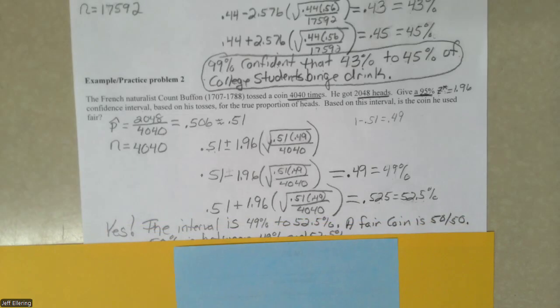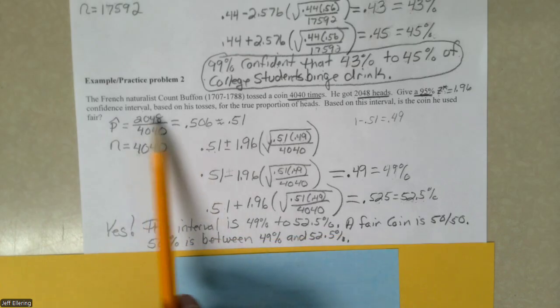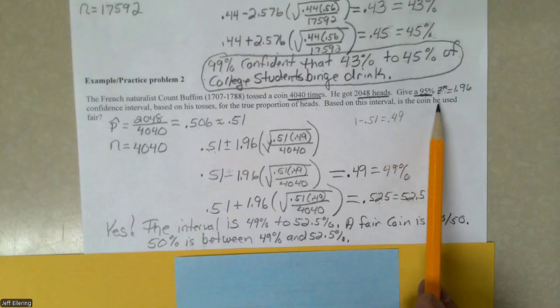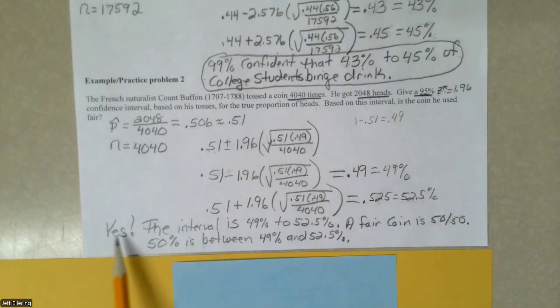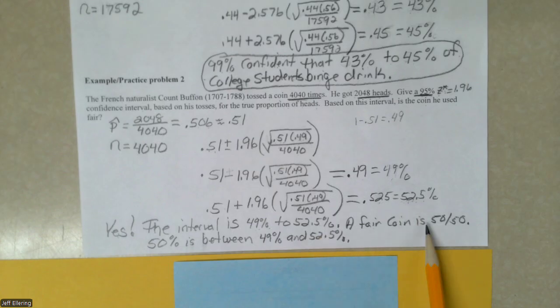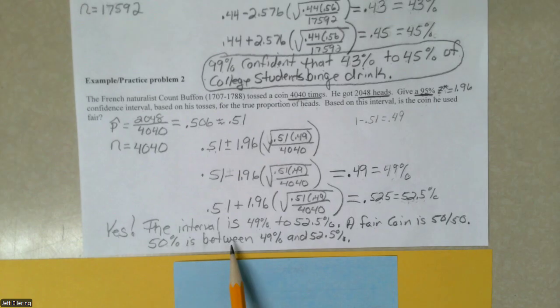So the question is, based on this interval, is the coin he used fair? Yes. The interval is 49% to 52.5%. A fair coin is 50-50 or 50%. 50% is between 49% and 52.5%.